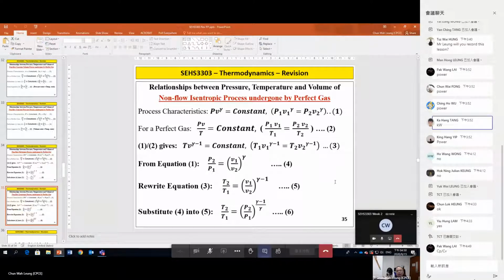Gamma is the ratio between the two specific heats, Cp over Cv. This gamma is a constant value for a certain gas. If the fluid is air, then gamma is always 1.4. Remember, gamma is Cp over Cv.